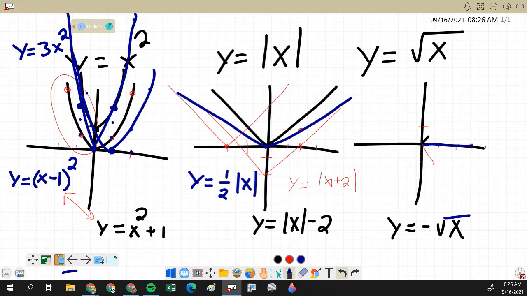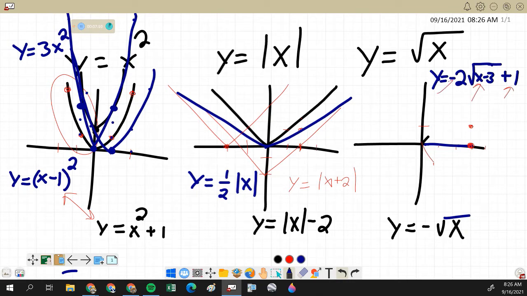what if I had y equals negative 2 times the square root of x minus 3 plus 1? Oh, yeah. We have to start on the inside. What does that do? Right 3. Okay. What does that do? Up 1.